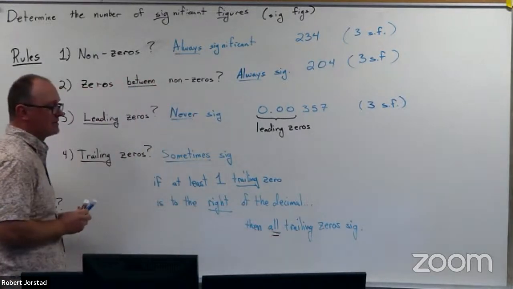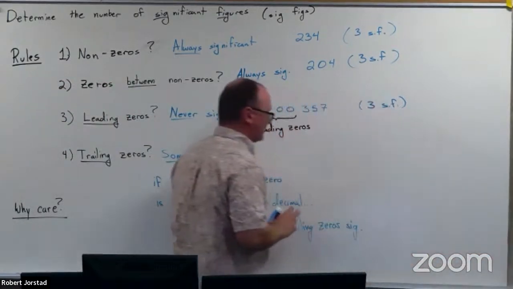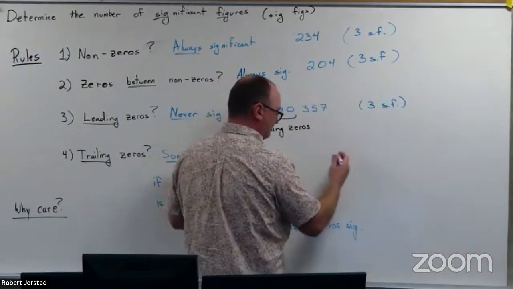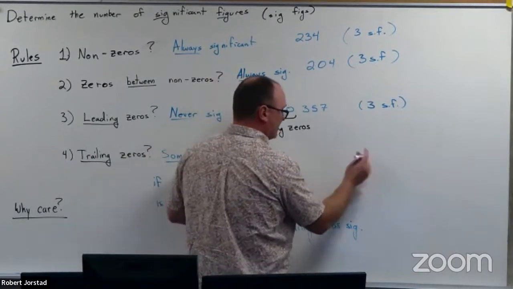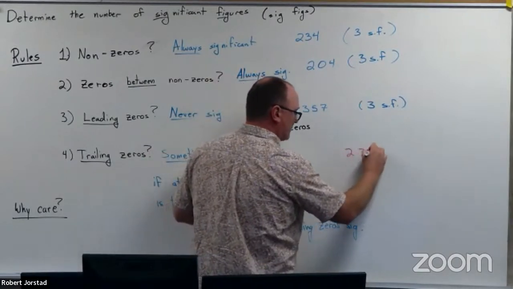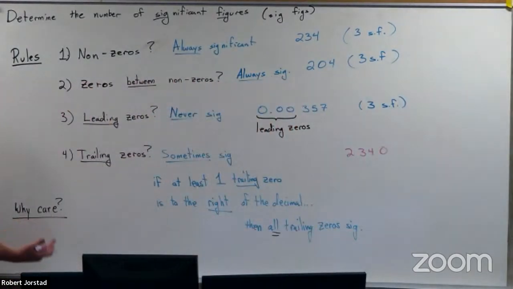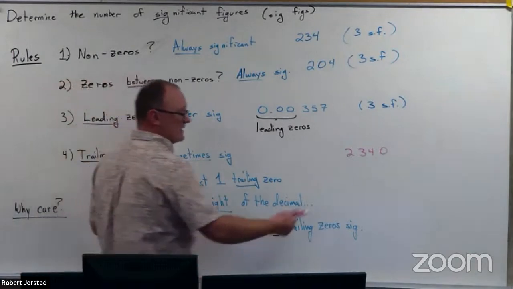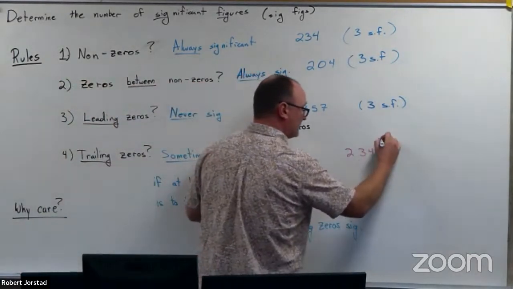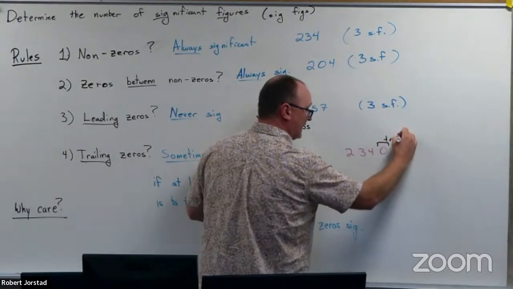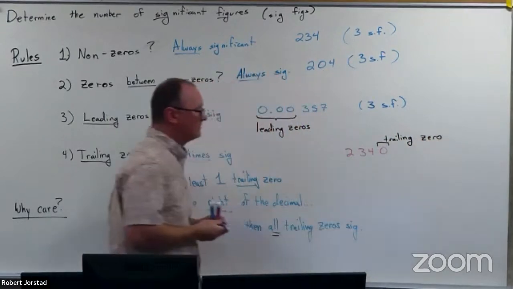Let me give you some examples on this one. All right, and just to mix it up, let's use a different color. Let's say we have 230, or how about 2,340? As written, this is a trailing 0, at the right end of the number. That is a trailing 0.